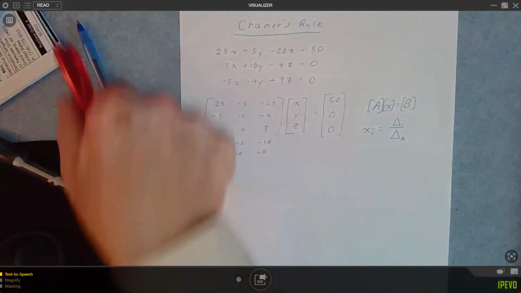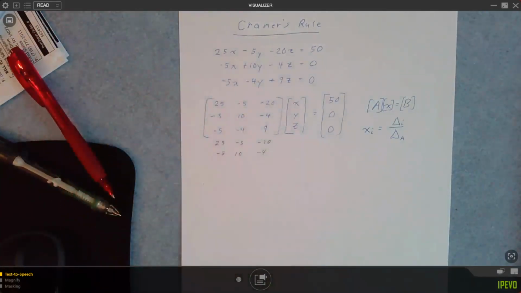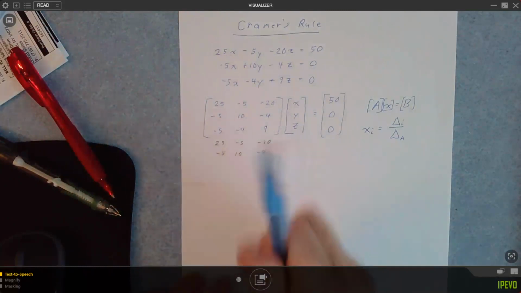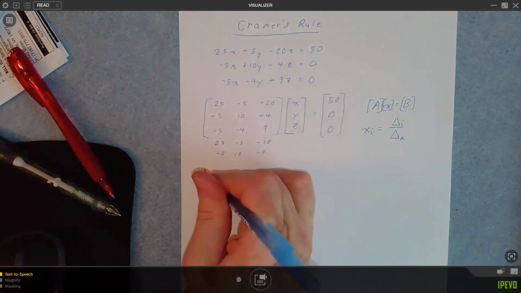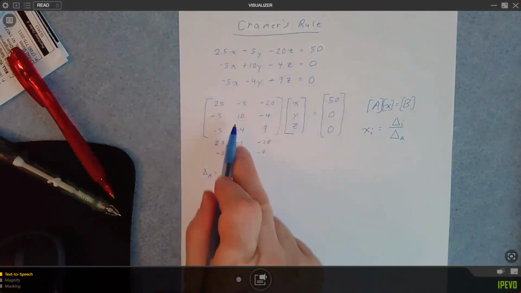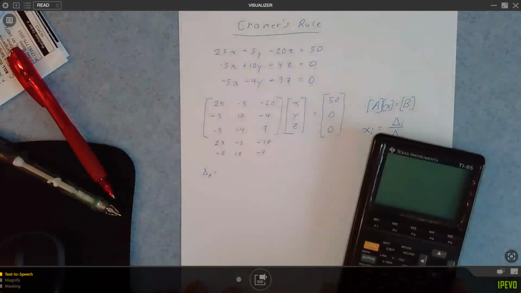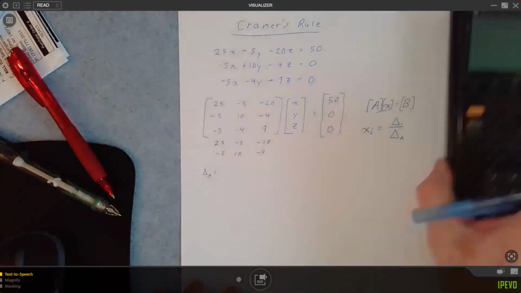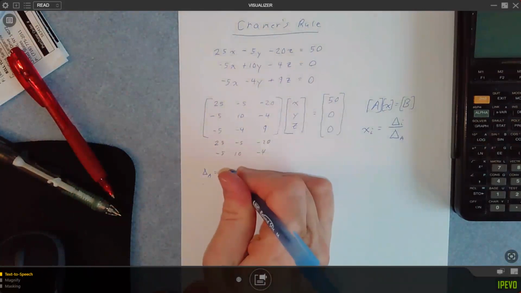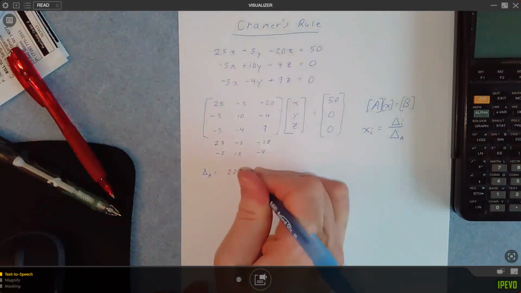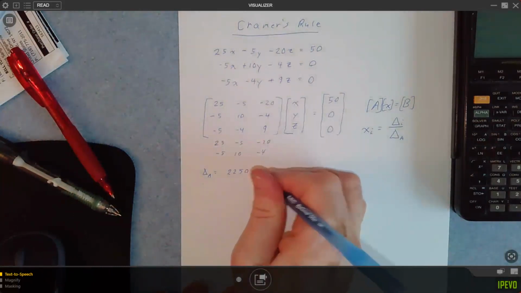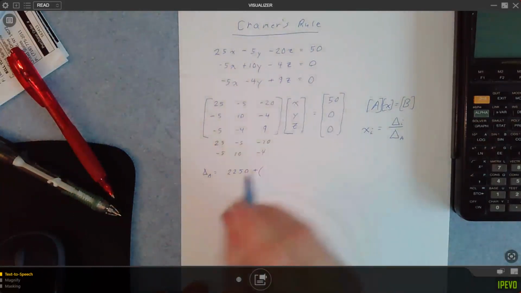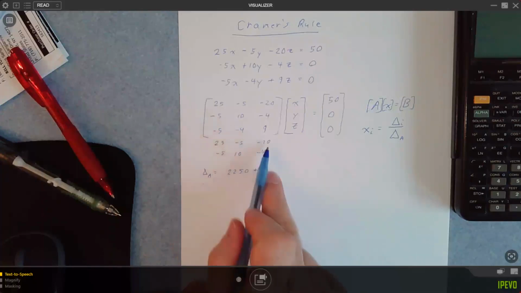Let's write this out and see what it looks like. So the determinant of A, we're going to have 25 times 10 times 9. Let's do the math here. 90 times 25, we've got 2250, plus, I'm going to take minus 5 times minus 4 times minus 20.